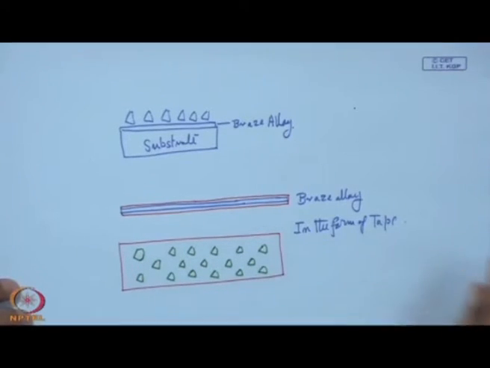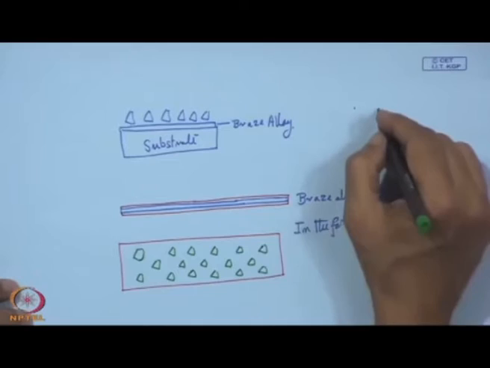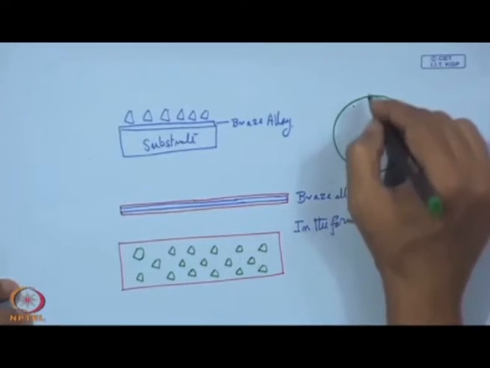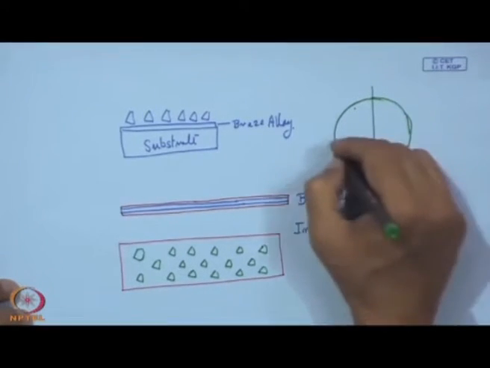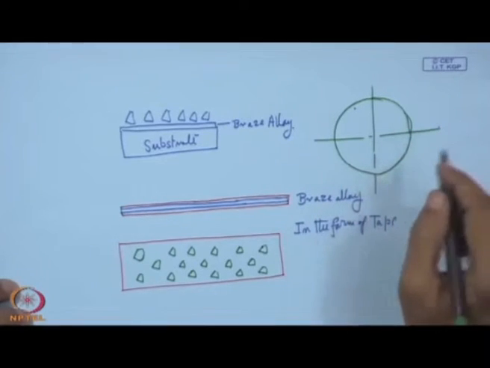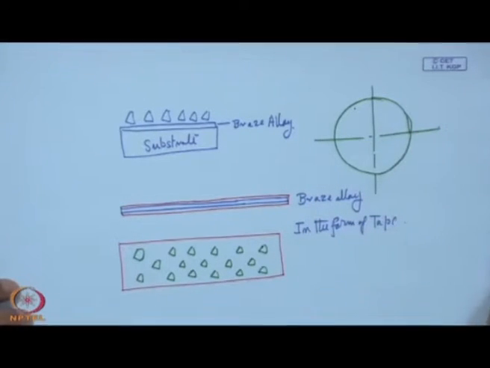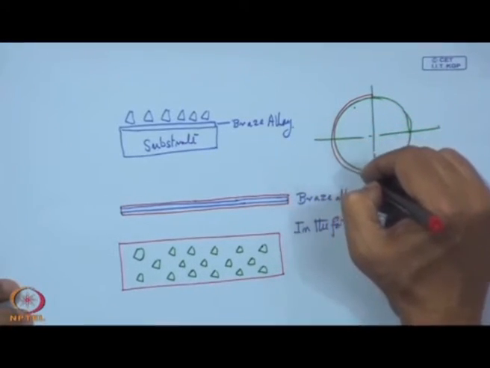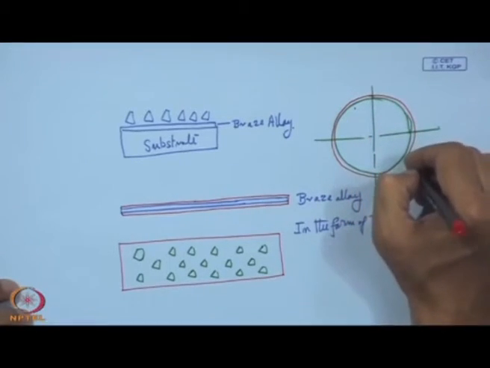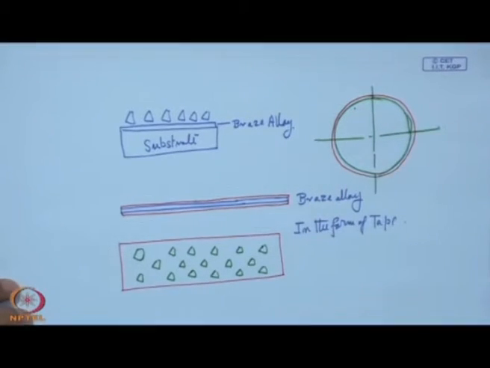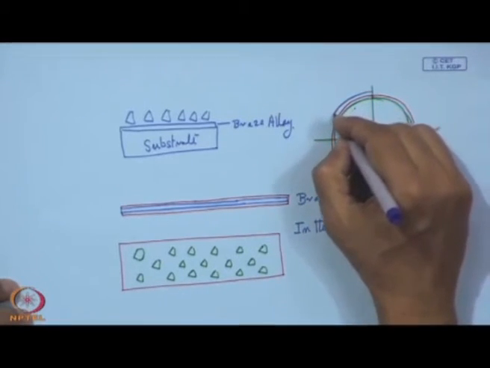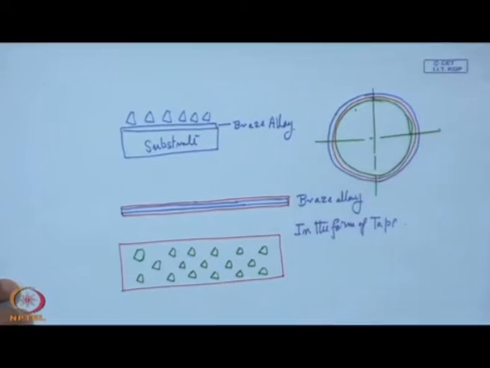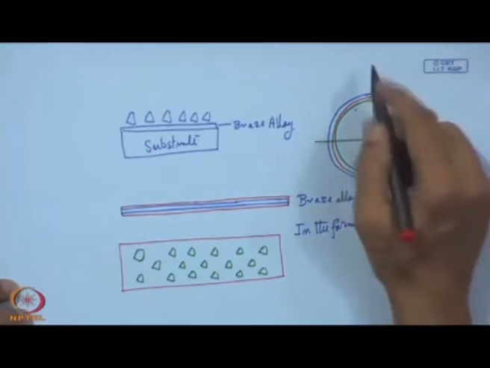If this is, for example, a cylindrical surface, and our idea is that it is going to be a manufacturing technology, then this tape will be wrapped over the surface with this temporary binder, and then we have the plastic bonded braze alloy, and then the top temporary binder.